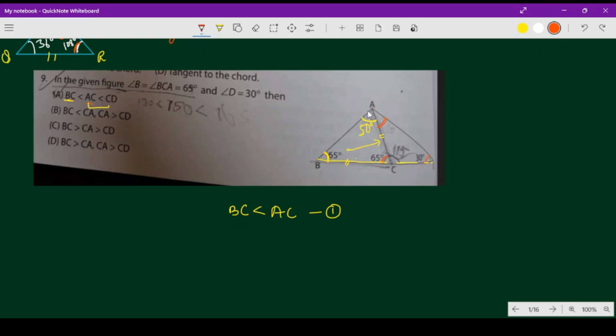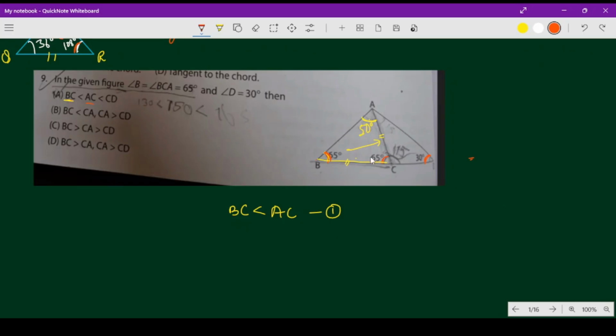In this triangle ABD, the sum of these two is 95, and this angle total is then equal to 85 degrees, because the sum of the angles is 180 by the angle sum property of a triangle.